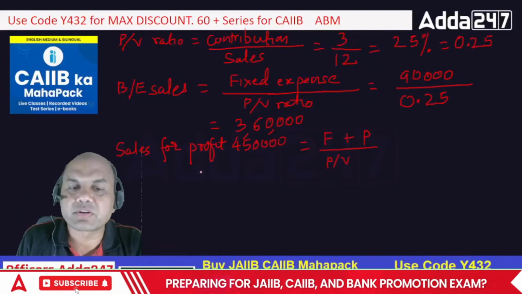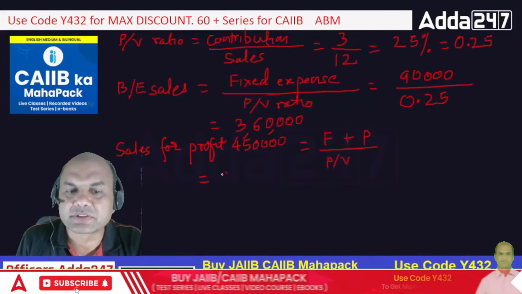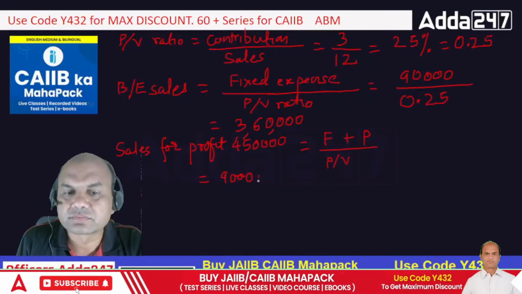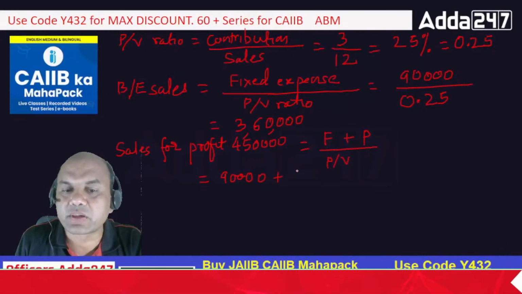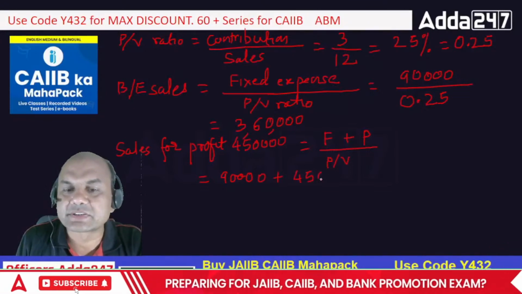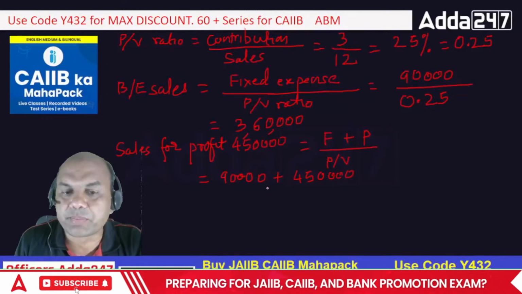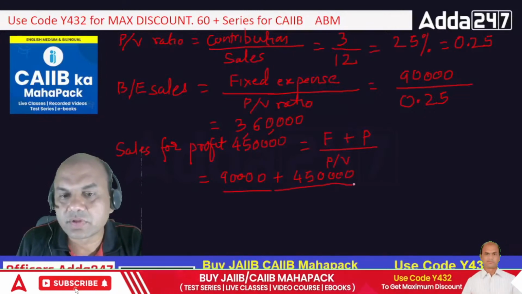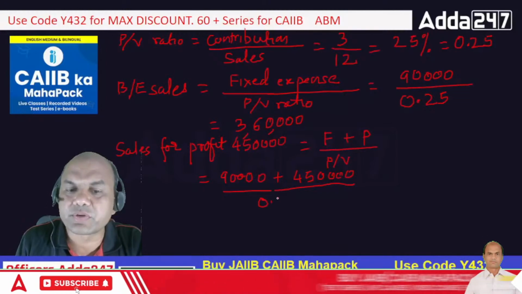So F plus P is what? Fixed cost, that is 90,000, plus P, which is 4,50,000, this much is the profit required, upon the PV ratio, which is the same, 0.25.